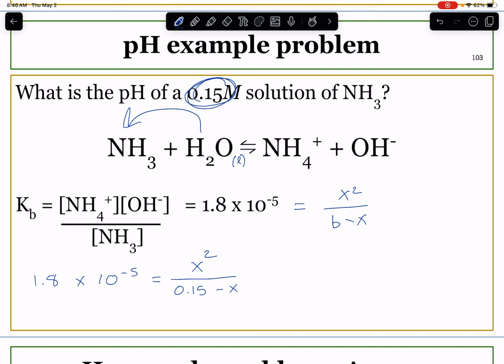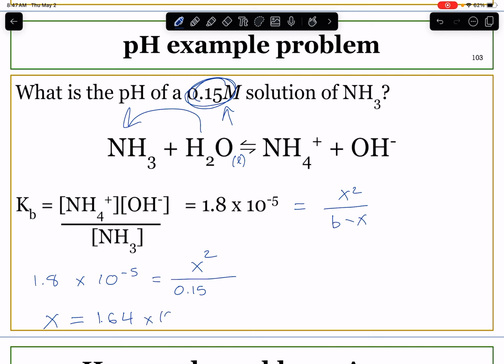And since 0.15 represents a measured value that was used with a graduated cylinder that could only measure to the tenths or hundredths place here, it doesn't make sense to have a very small number that's very close to 0.15 but doesn't quite round to it, or that does round to it. So we just keep 0.15, we ignore the x in the denominator, and now we can solve this with simple algebra.